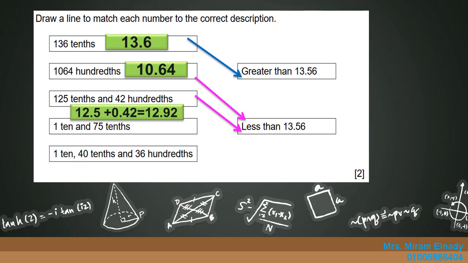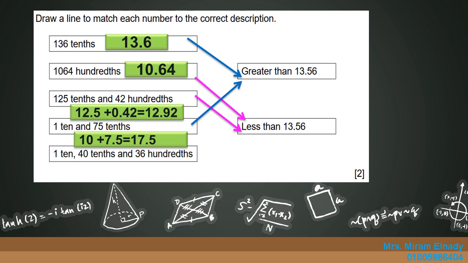What about 10 and 75 tenths? 10 plus 75 tenths, which is 7.5. So together they are 17.5, which is greater than 13.56.